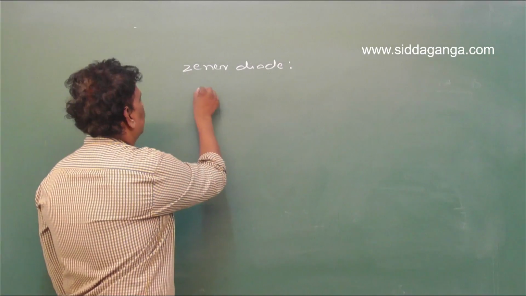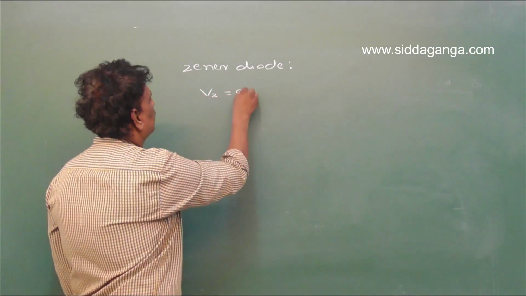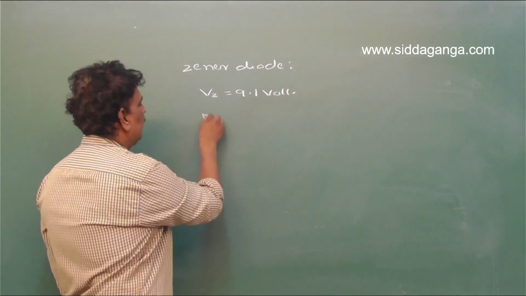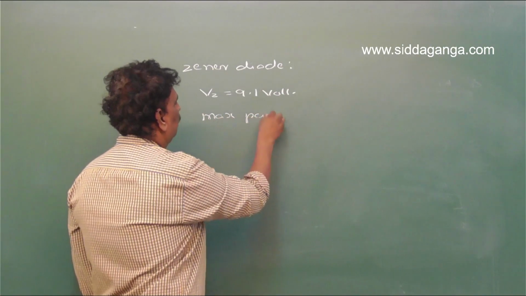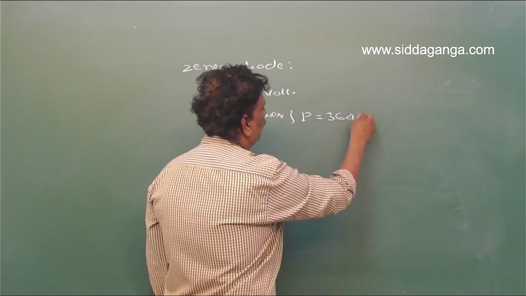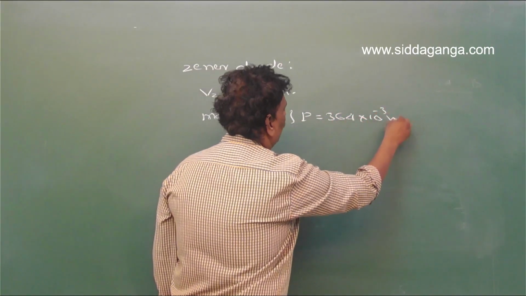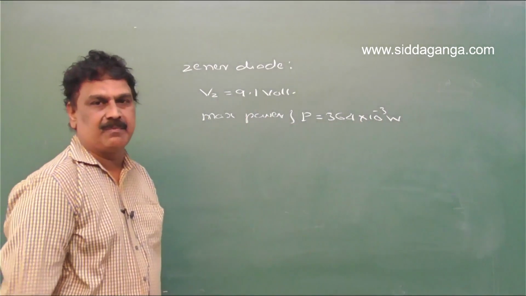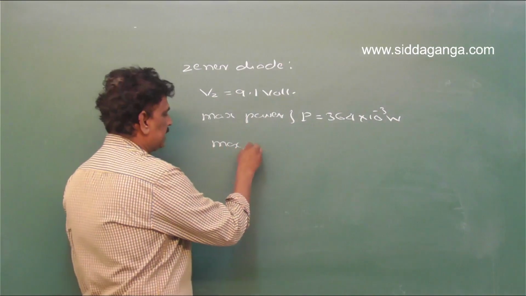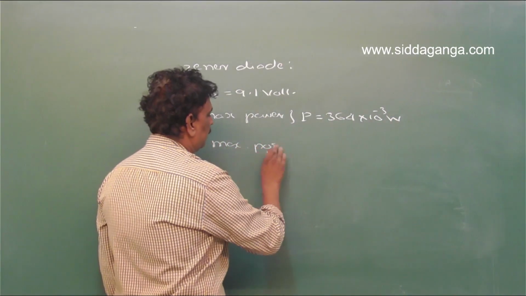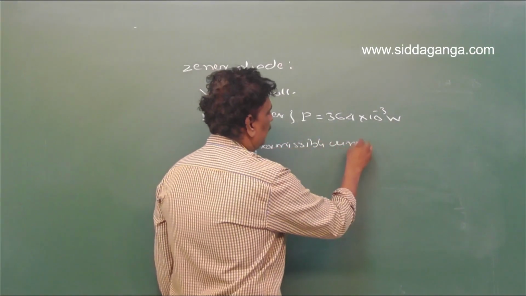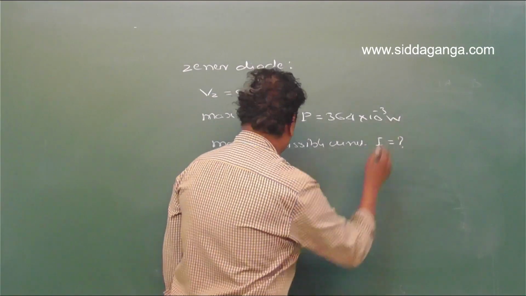Now the reverse voltage of the Zener diode is 9.1 volt and it can handle a maximum power of P equal to 364 into 10 power minus 3 watt. So that is the maximum power it can handle. Now we need to find the maximum permissible current I, which is equal to what?